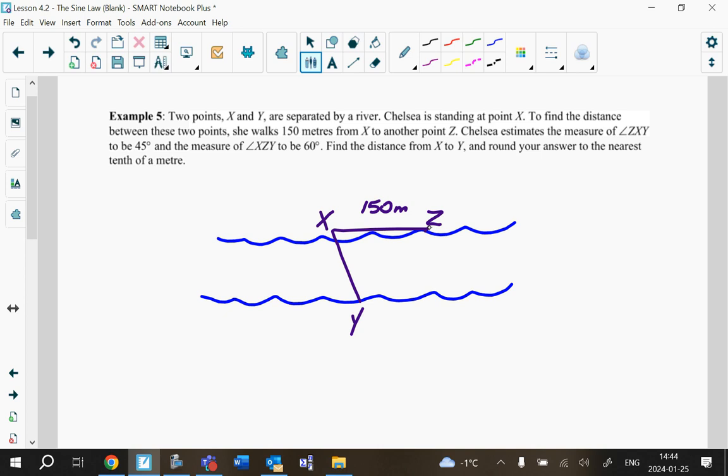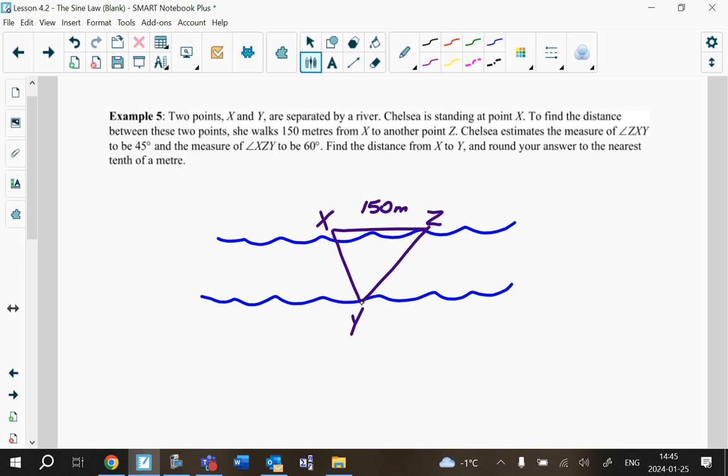She also has an instrument that she can measure these 2 angles with, from where she's standing to Y opposite the river. So she measures ZXY. Which one is ZXY? Look at the middle there. That's where the angle is. So ZXY is this angle at X.